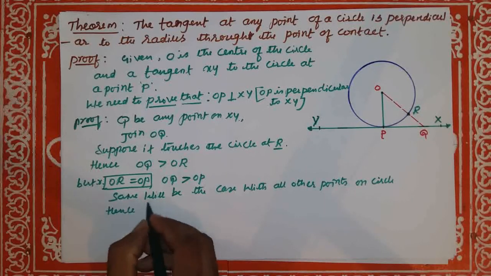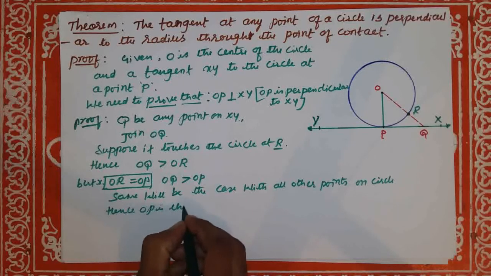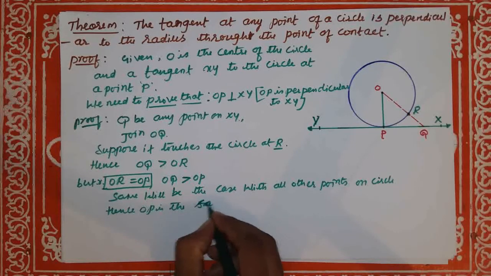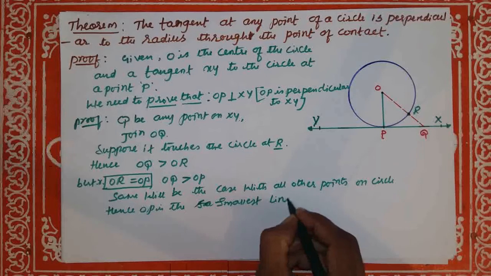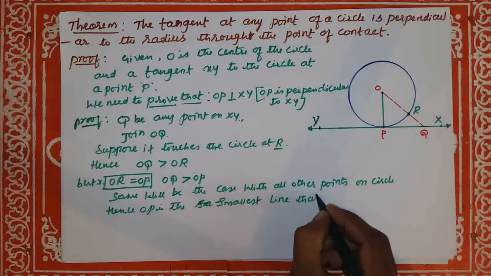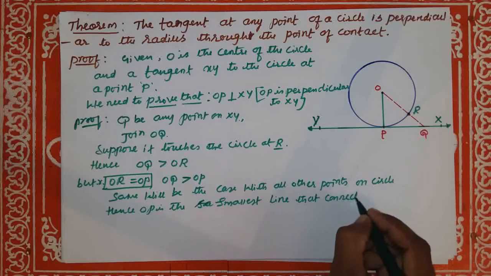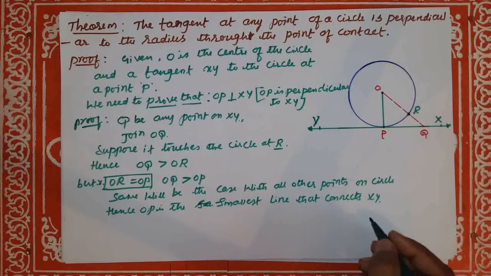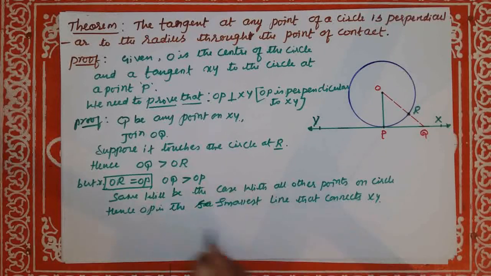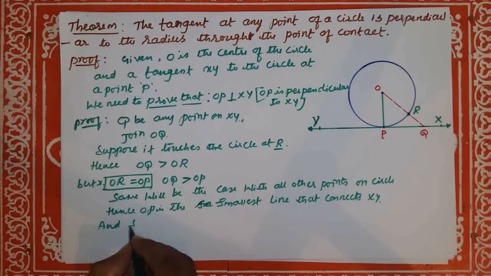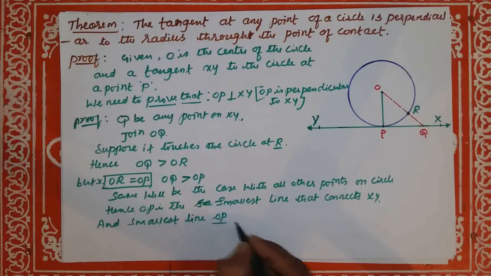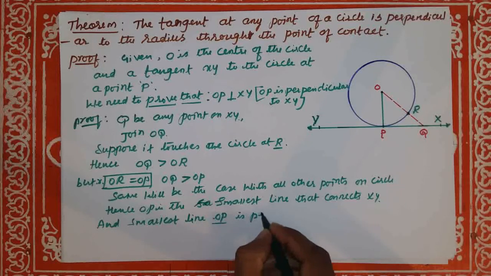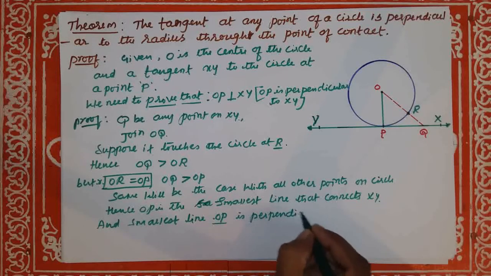Hence OP is the smallest line that connects XY, and the smallest line OP is perpendicular.